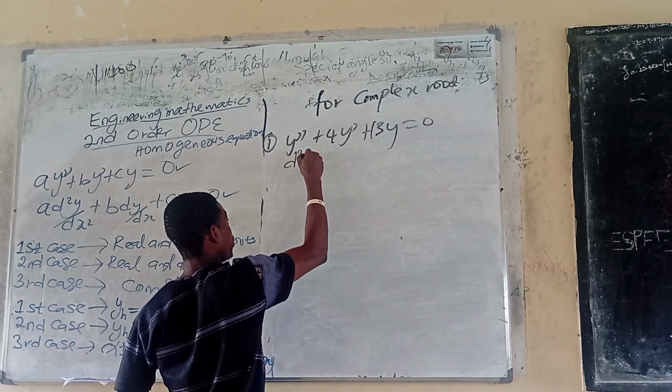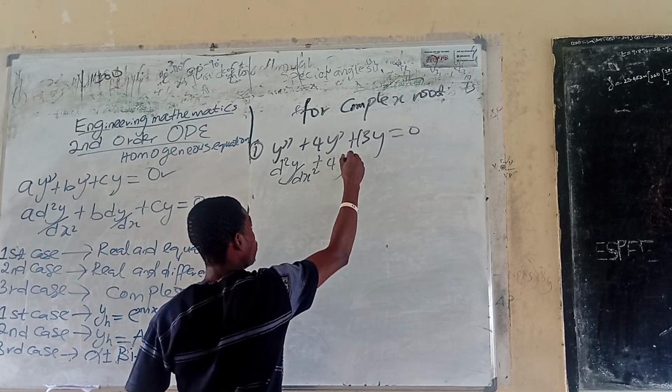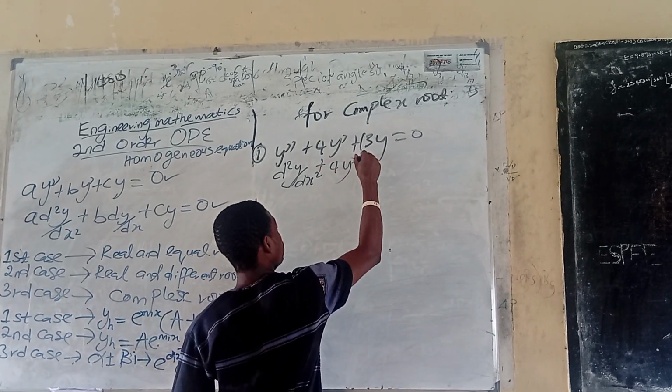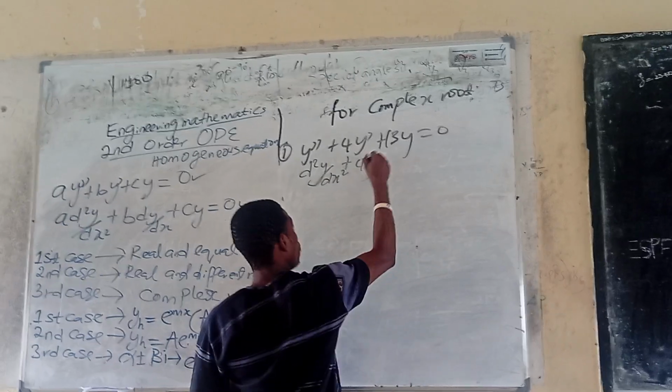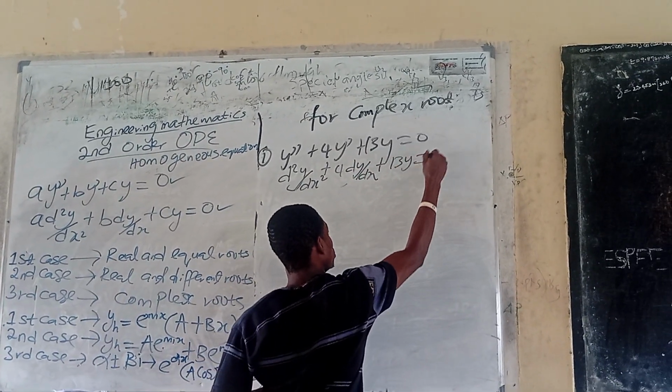So d²y over dx² plus 4 dy over dx plus 13y equals 0.